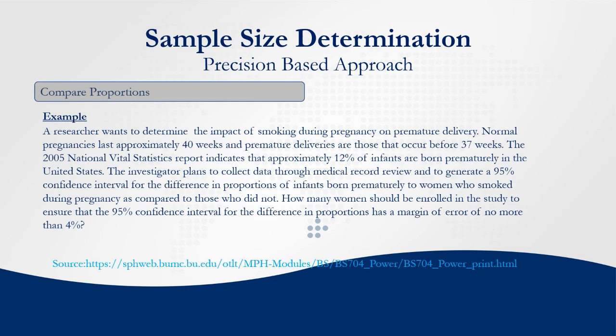Normal pregnancies last about 40 weeks, and those that occur before 37 weeks are regarded as premature deliveries. Then there is this study, the 2005 National Vital Statistics. It reported that approximately 12% of infants are born prematurely in the unit.